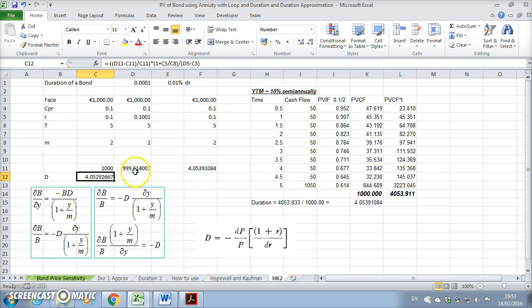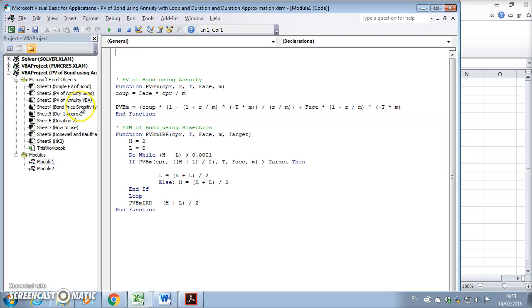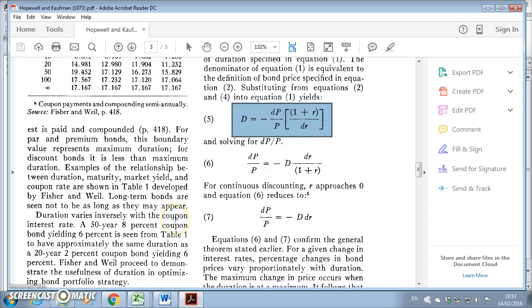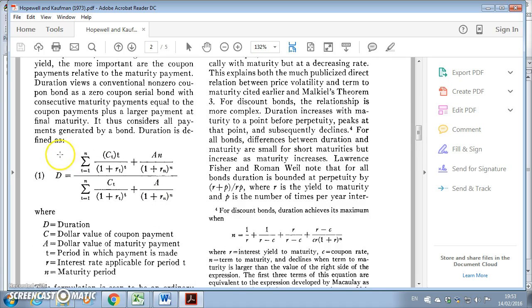But we can also see that the value estimated using this type of construction is equivalent to the duration estimate obtained using this VBA function, and that VBA function is of this format and is consistent with this type of traditional Macaulay duration calculation.